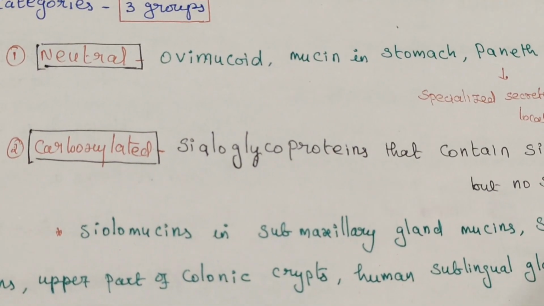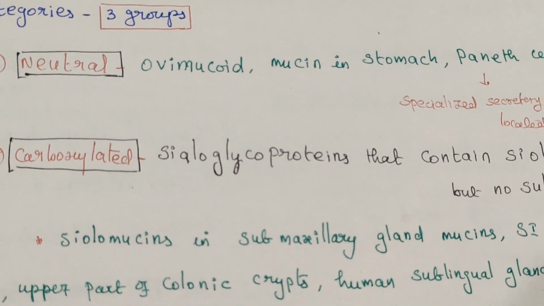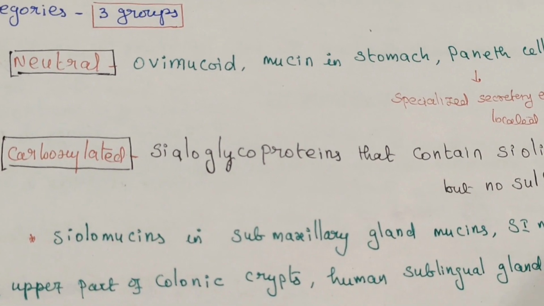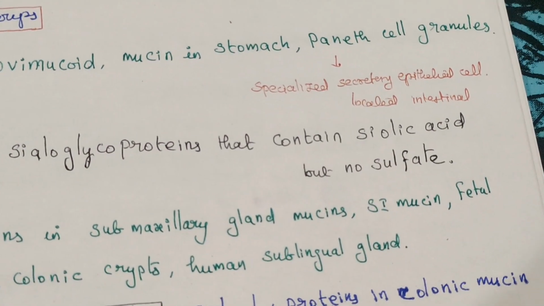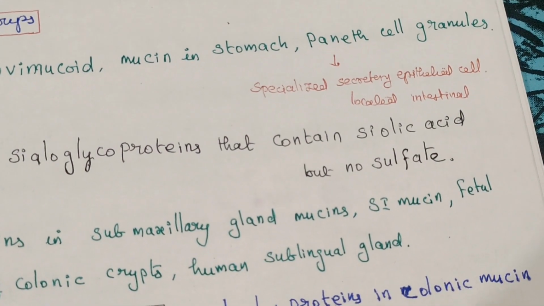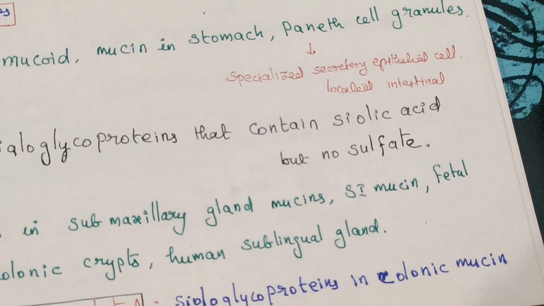The second one is carboxylated, presented in sialoglycoprotein containing sialic acid, no sulfate.